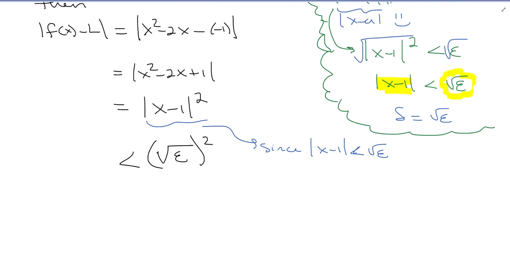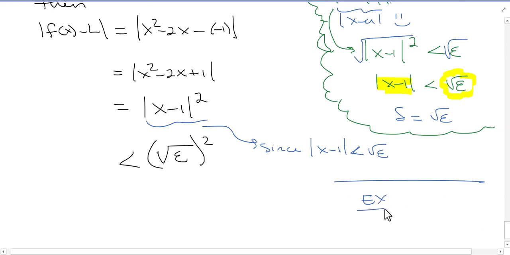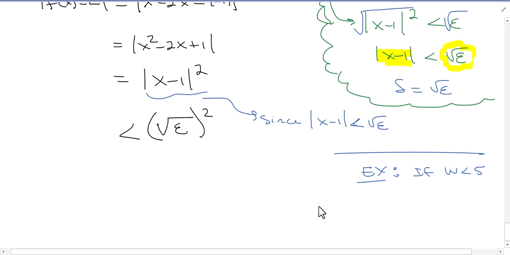If you're a little confused with that, let me just do a quick example. If I say, let me pick some random variable, say w is less than 5, what can you say about 4 times w?